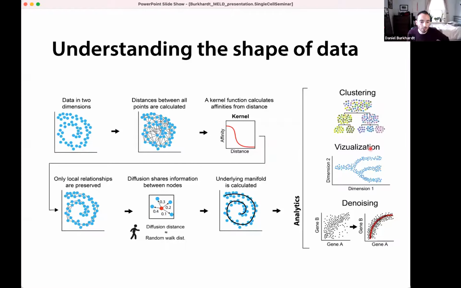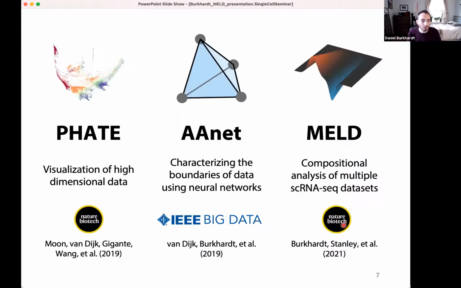We can do clustering, we can do dimensionality reduction for visualization, we can do kinds of data denoising tasks based off of this. It's really a fundamental idea that powers a large diversity of algorithms. I'm going to sort of touch briefly upon 2 of them, PHATE and AANet, and then spend most of the talk talking about MELD. Many of you are probably familiar with PHATE.